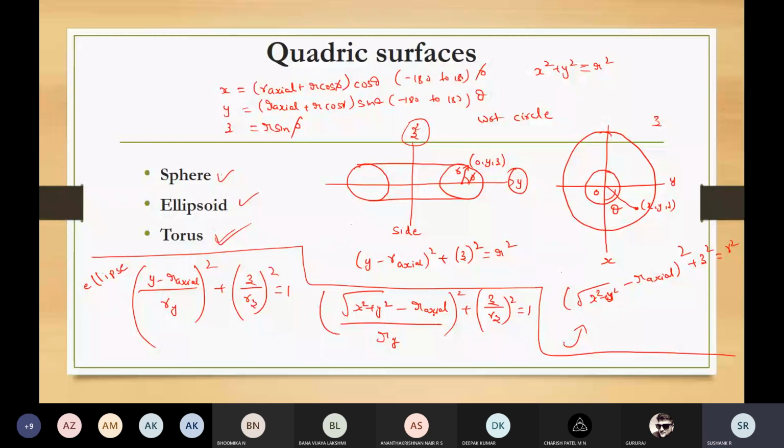Then what is the parametric representation for the ellipse? For the ellipse, x is equal to r axial plus ry cos phi cos theta, y is equal to r axial plus ry cos phi sin theta, and z is equal to rz sin phi.